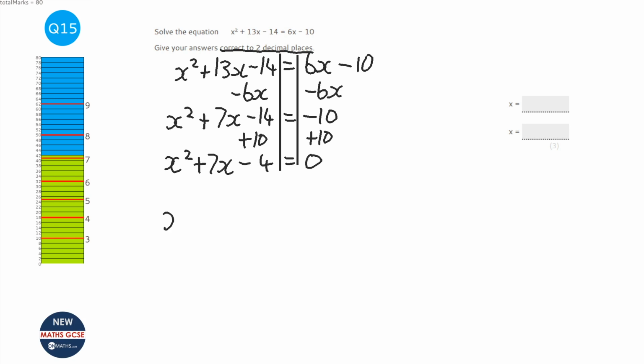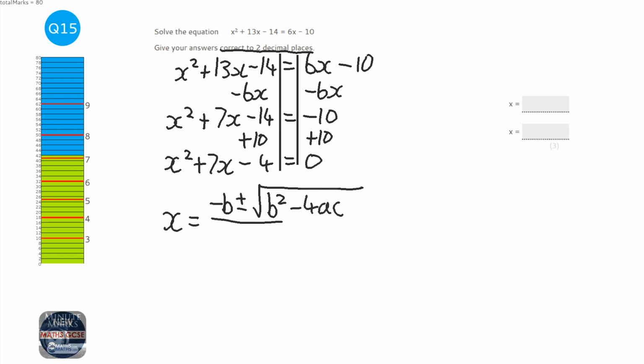So the quadratic formula says x equals minus b plus minus the square root of b squared minus 4ac over 2a. Now you might say to yourself, well, what is a, b and c? Well, hopefully you don't, because if you're doing this question, I would assume you do know what the a, b and c are.